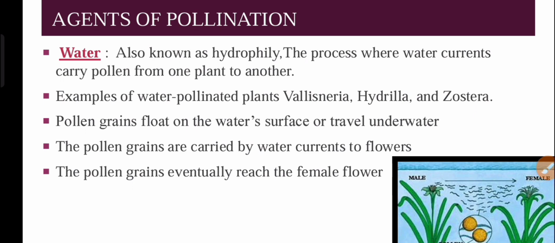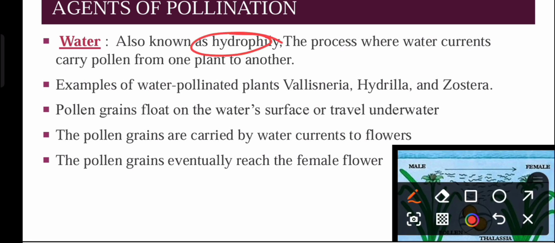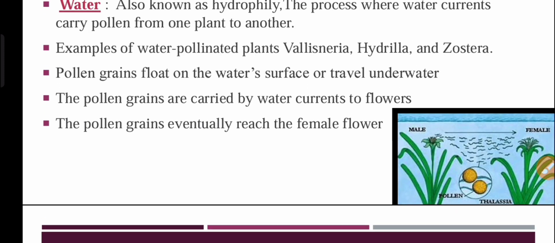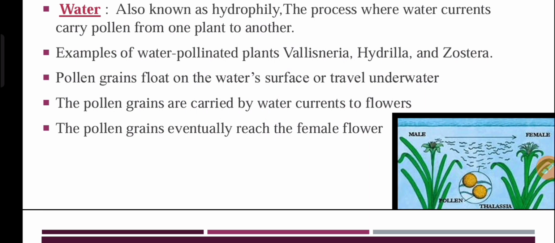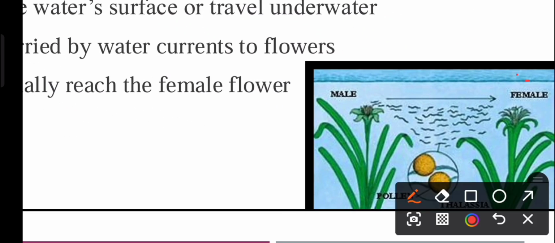Next is water. Water pollination is also known as hydrophily, the process where water current carries pollen from one plant to another plant. See, in the Vallisneria plant, this is the female plant and this is the male plant.